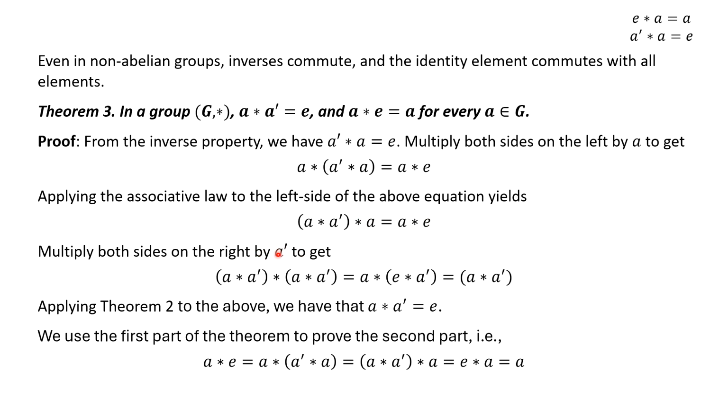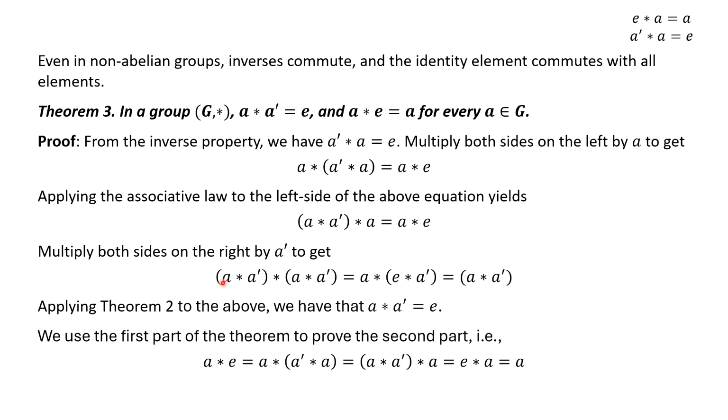Then we multiply both sides of this by A inverse. So we get this on the left, and on the right we have the identity times A inverse, which is just the element itself, A inverse.